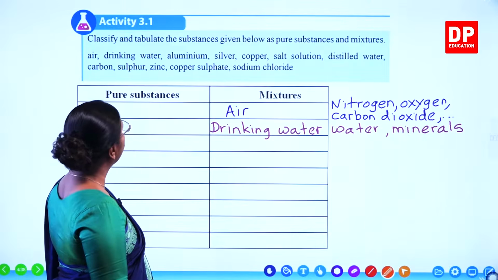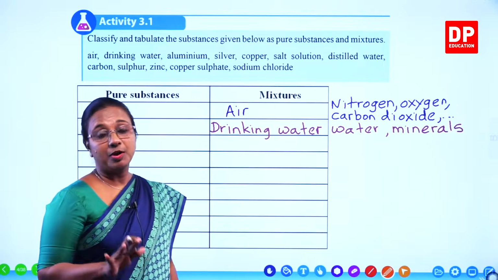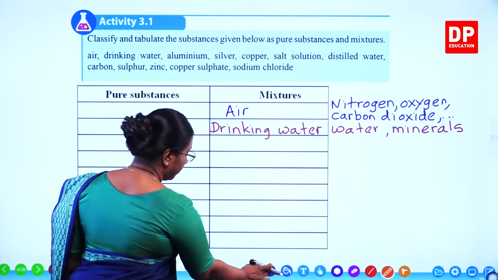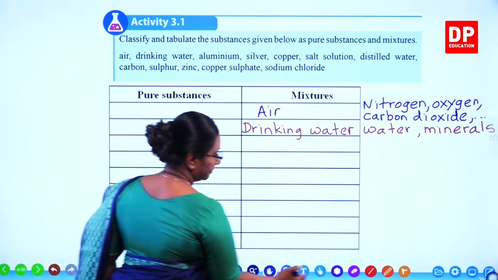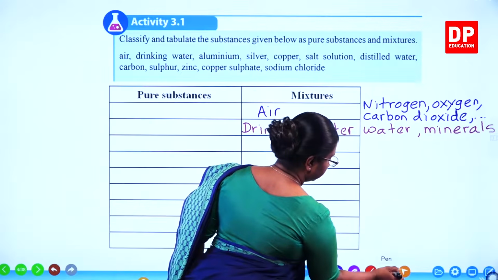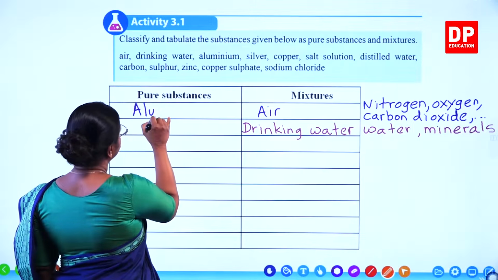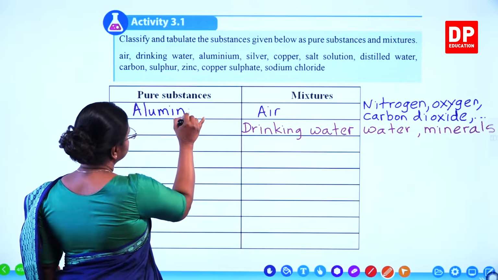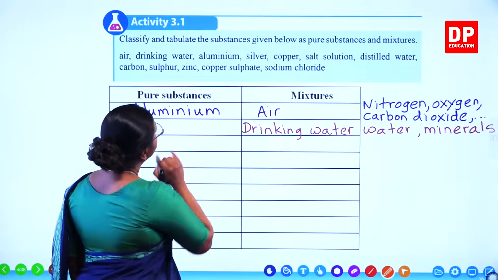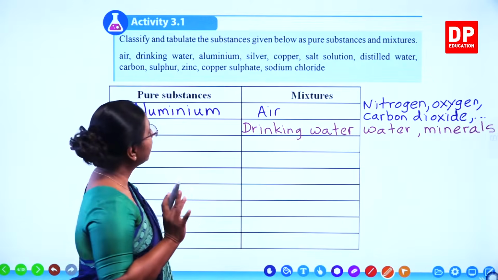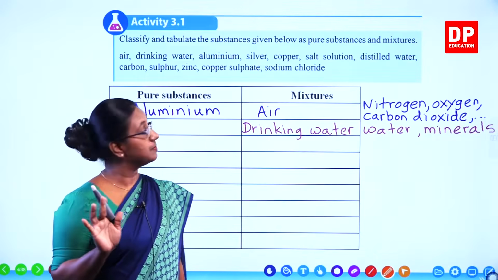Then what do we have? We have aluminium. Aluminium, of course, is a pure substance. So, that comes under pure substance. Then what do we have? We have silver. Now, that is also a pure substance.